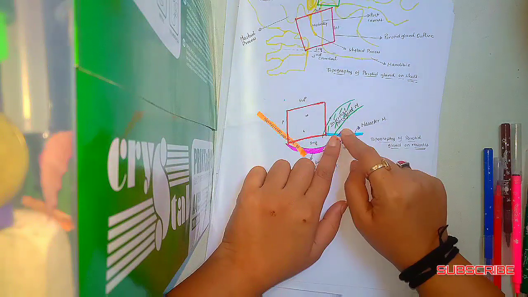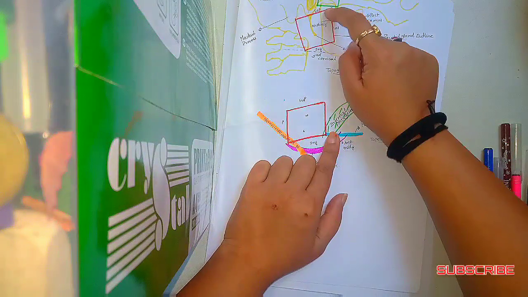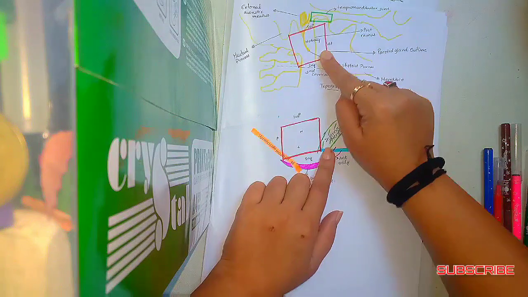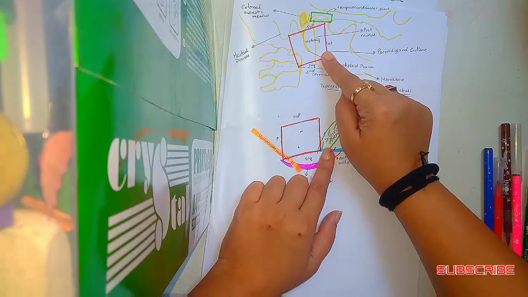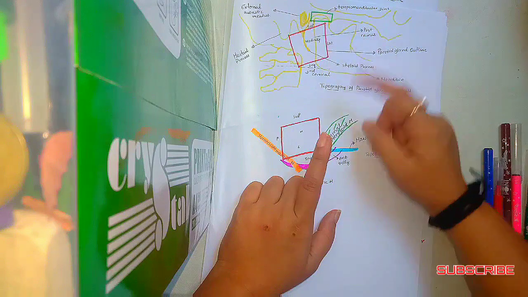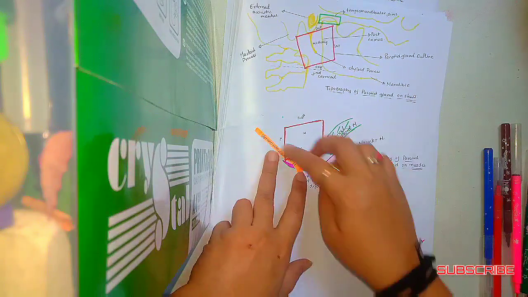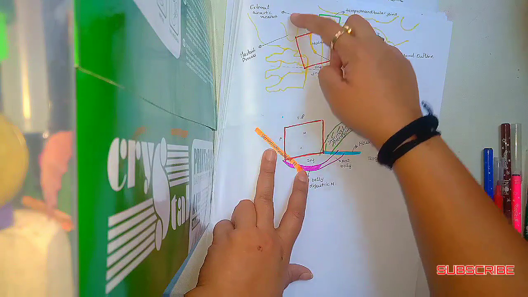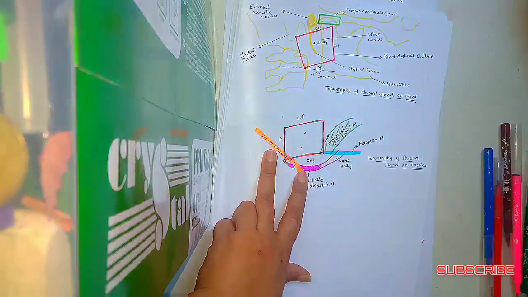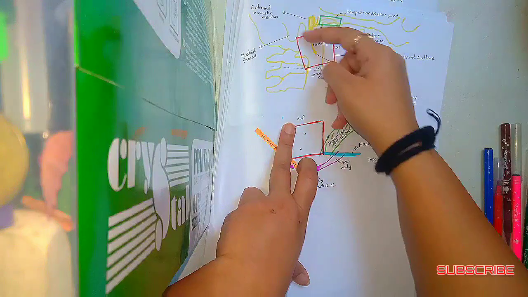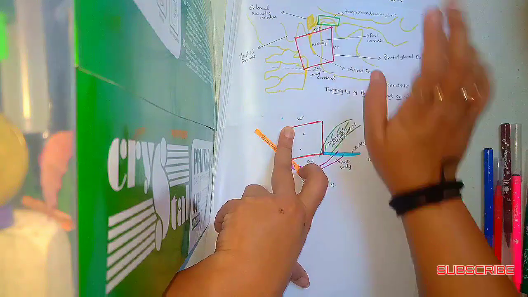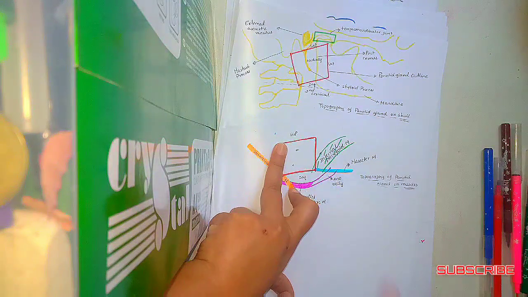So anteriorly we have the masseter muscle, which is found on the ramus of the mandible, and the internal pterygoid muscle. Posteriorly we have the sternocleidomastoid muscle and the mastoid process. Superiorly we have the external acoustic meatus and temporomandibular joint, no muscle.